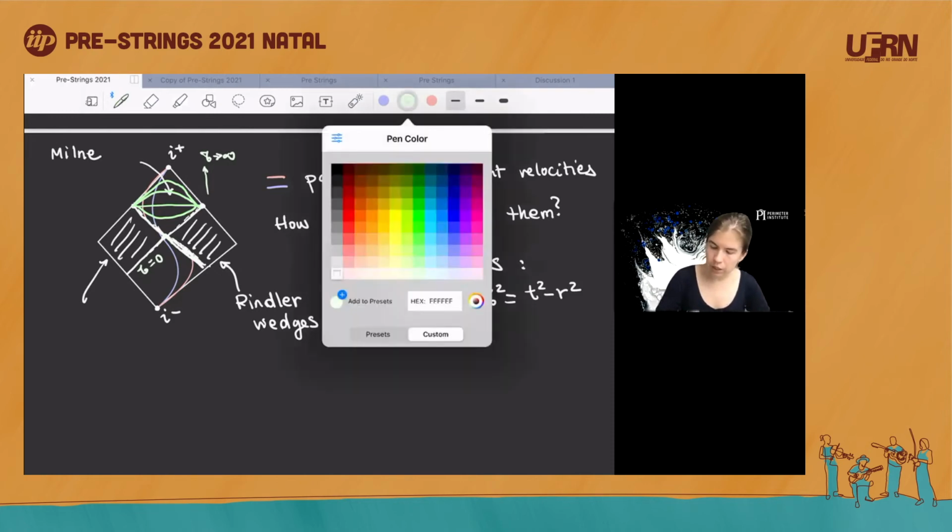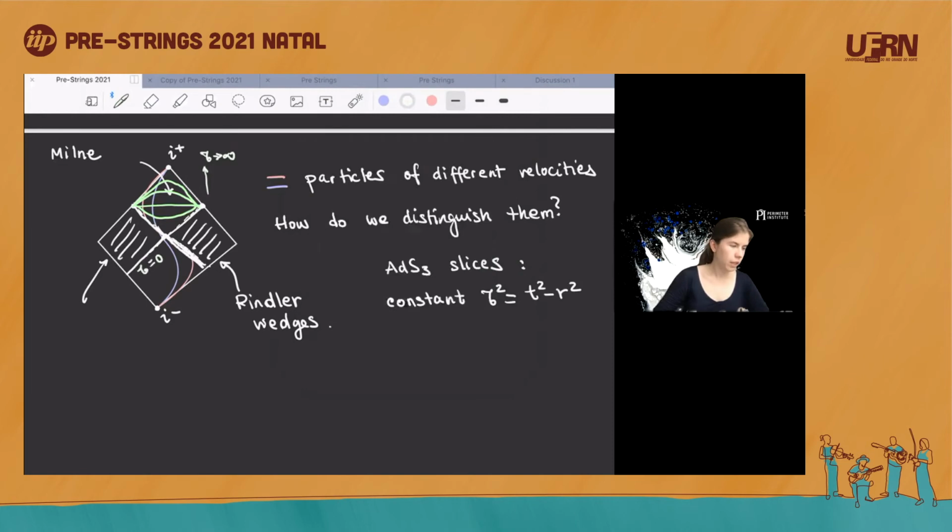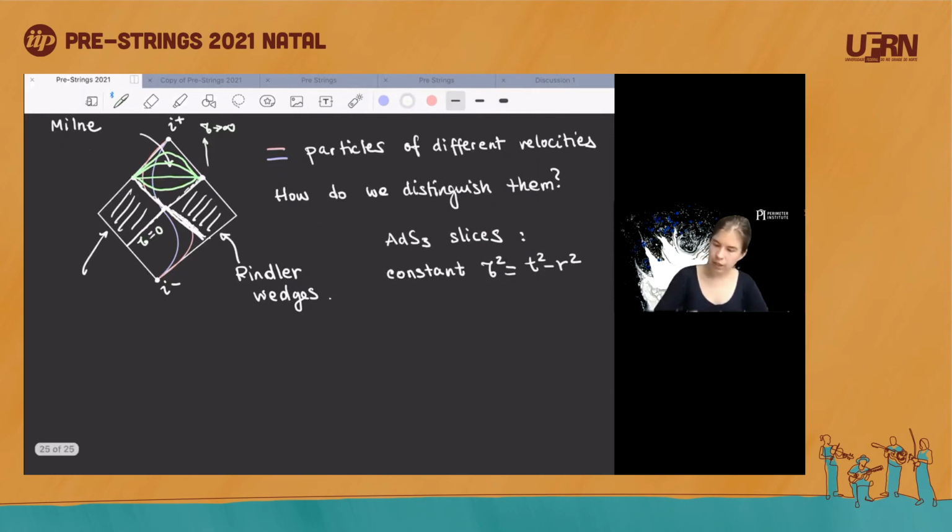So upon doing this, one finds that, or rather as tau goes to infinity, points on the corresponding AdS3 slice.